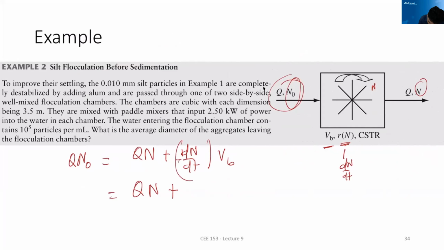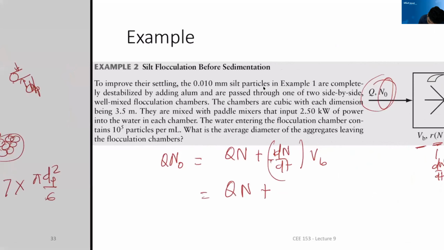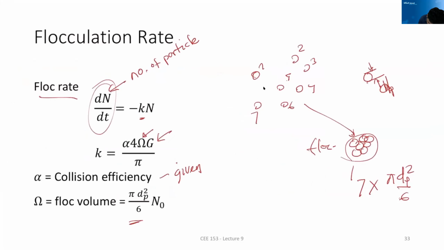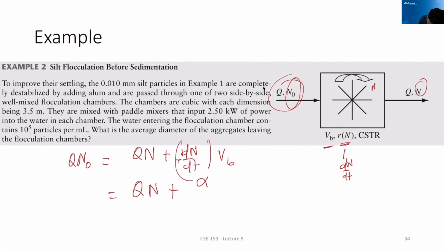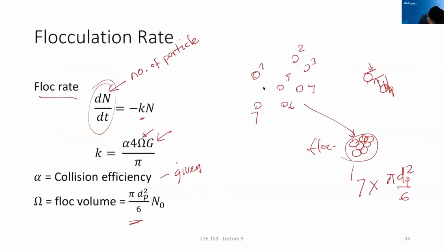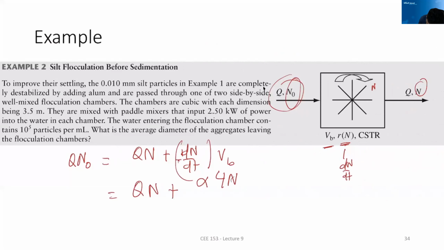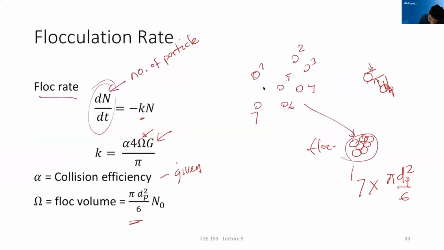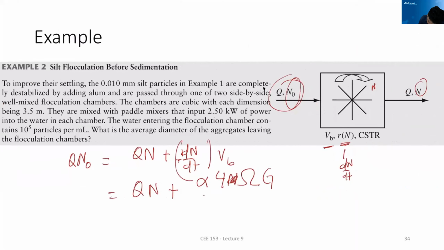So that's going to be alpha, G, phi, N. And this value N0 is also given here.